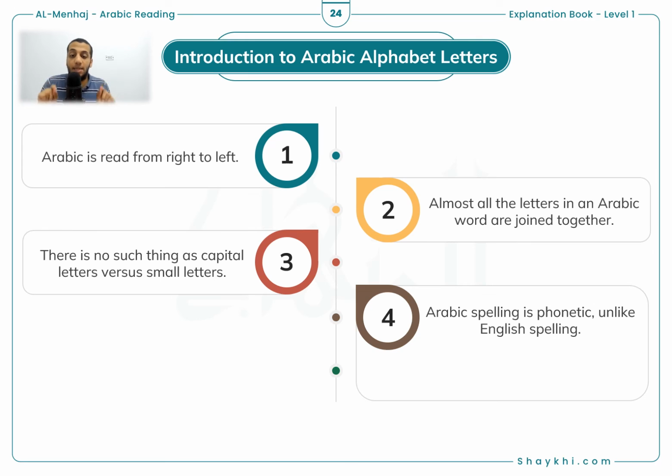Arabic spelling is phonetic, which means each letter that is written is pronounced. There are no silent letters, and no letters that have many sounds like in English. If you want more details about this point, you can check out the last episode, as we discussed these points in great detail.